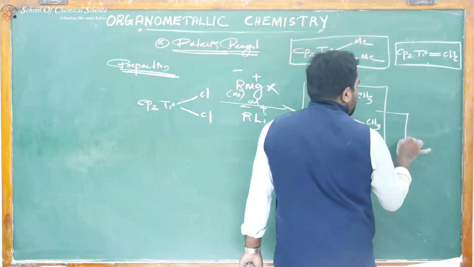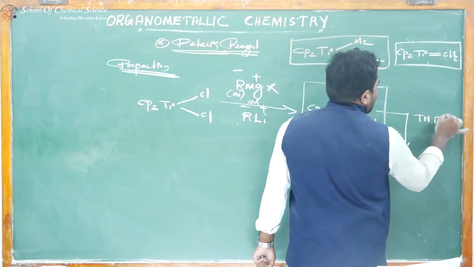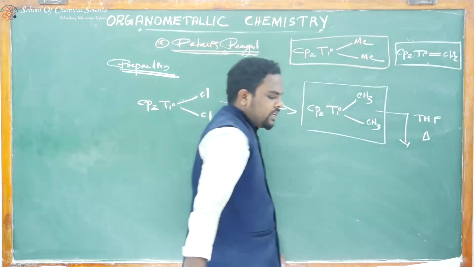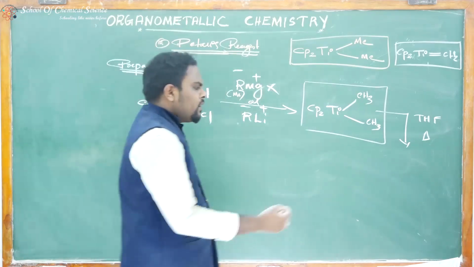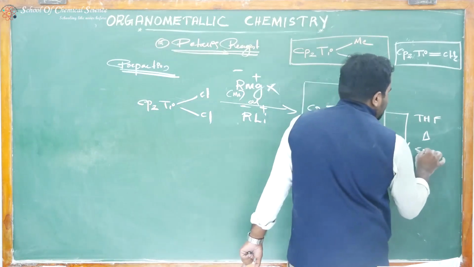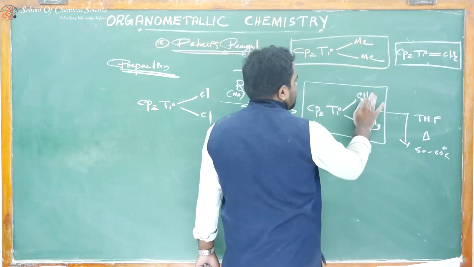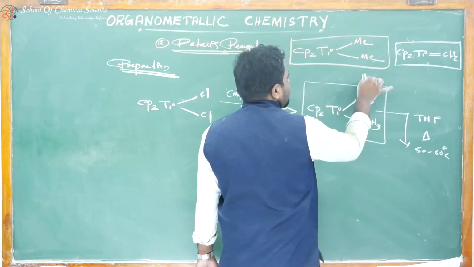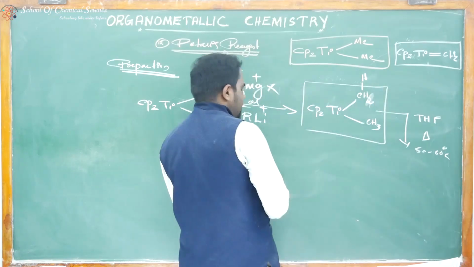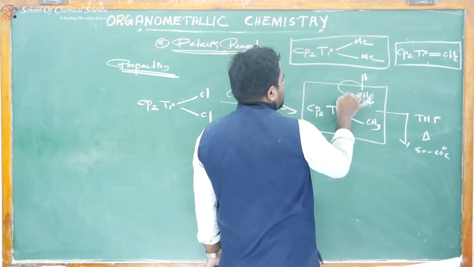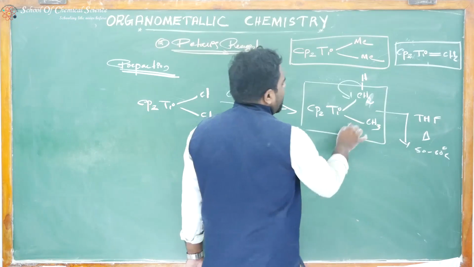Then in the next step, I am heating with tetrahydrofuran at about 50 to 60 degrees Celsius. What happens is CH3 can be written as CH2-H. Then elimination takes place. This hydrogen will make a double bond here.